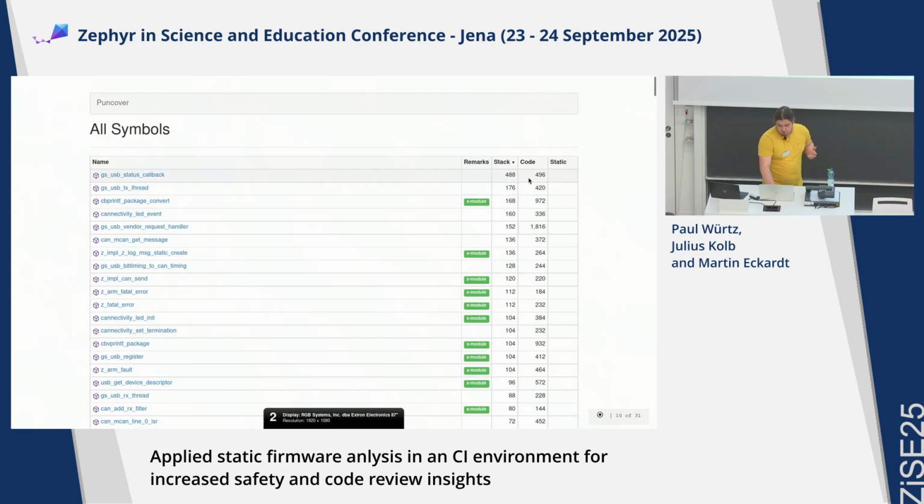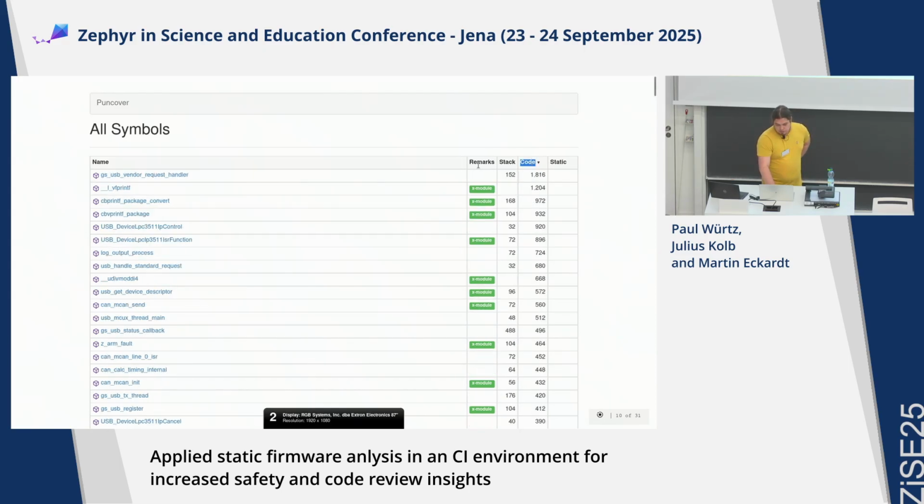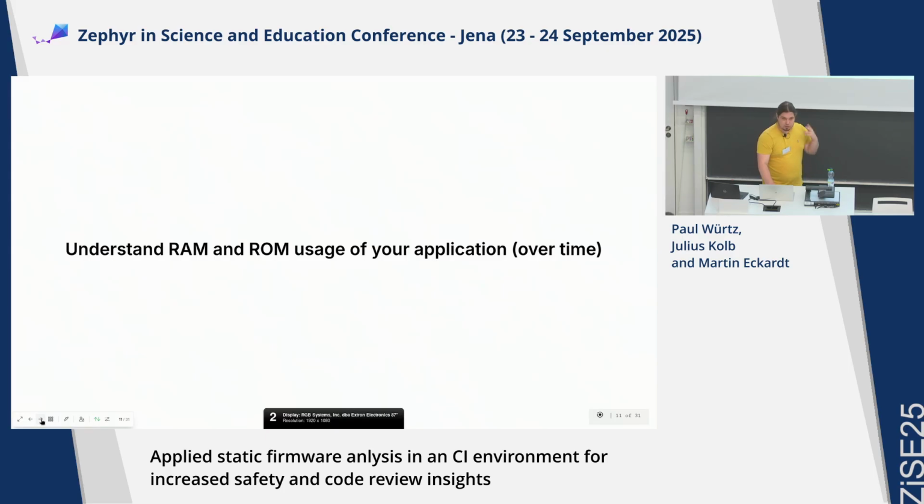And you see some functions are quite big on the stack and consume more or less flash. But it's just a list, so the context of the RTOS is missing. So you have to think about it yourself and explore through the symbols. And that is what you can do to analyze your current state of the application.